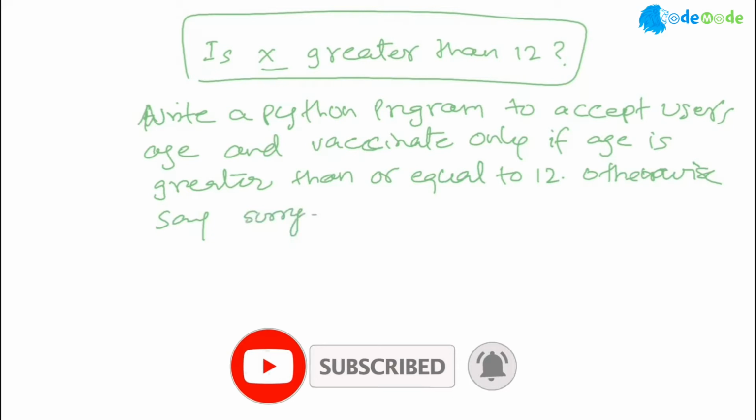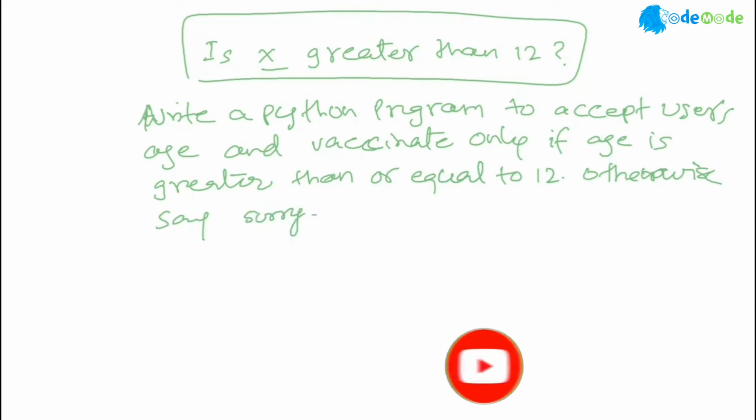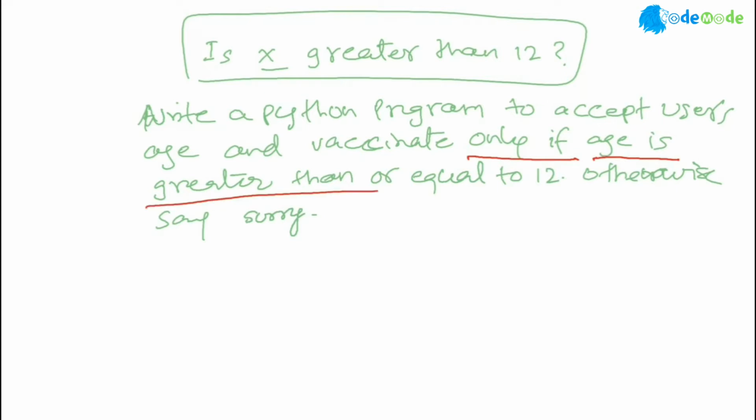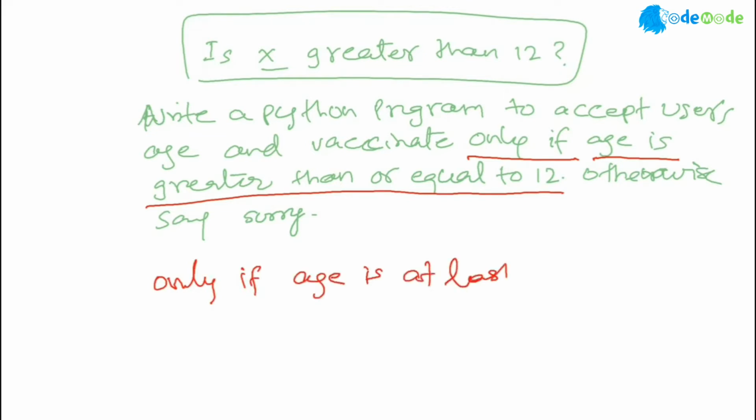In this program, the key thing to understand is that "vaccinate only if" is a condition, and the condition is age is greater than or equal to 12. I can rewrite this and say only if age is at least 12.